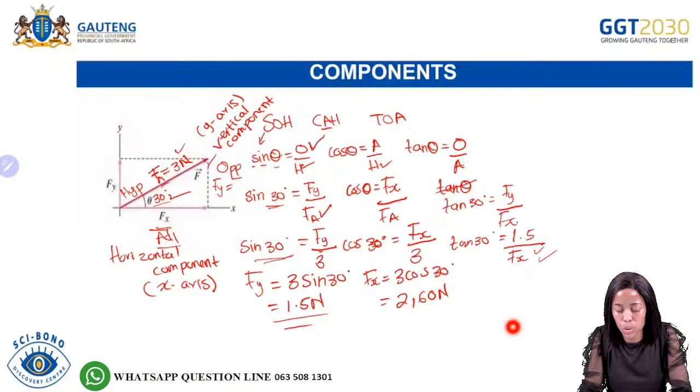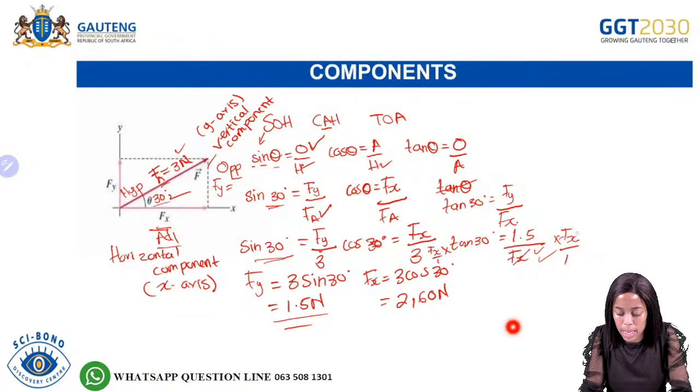your Fx. So what is it that we can do to get rid of this Fx here? We can multiply both sides by Fx over 1. So it's going to be Fx over 1 on the right hand side, and then Fx over 1 on the left hand side.